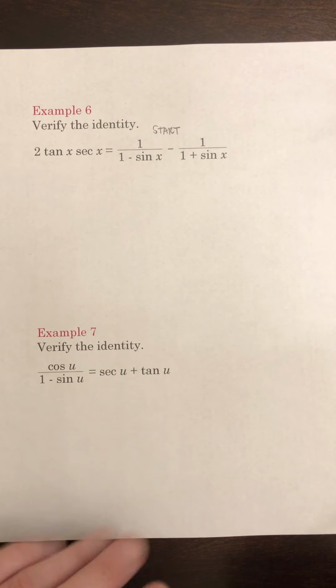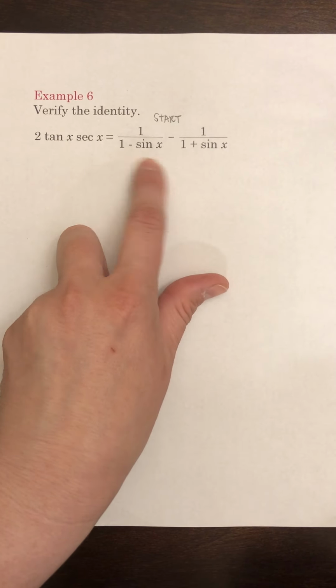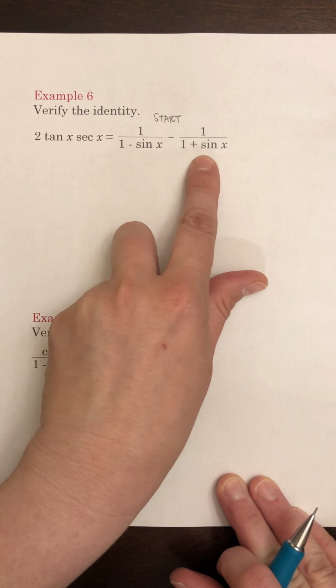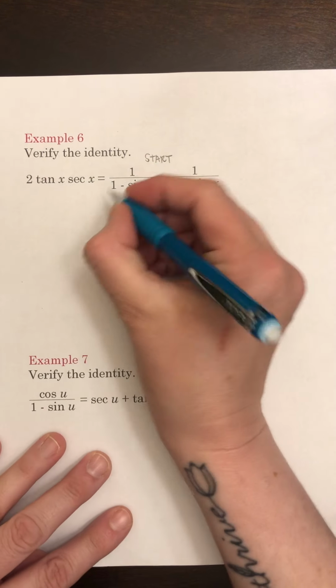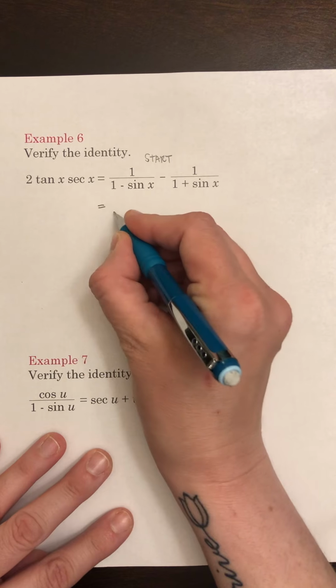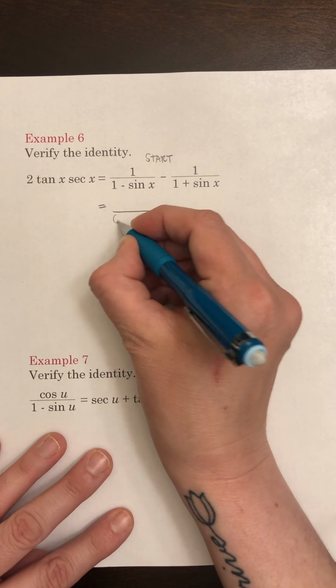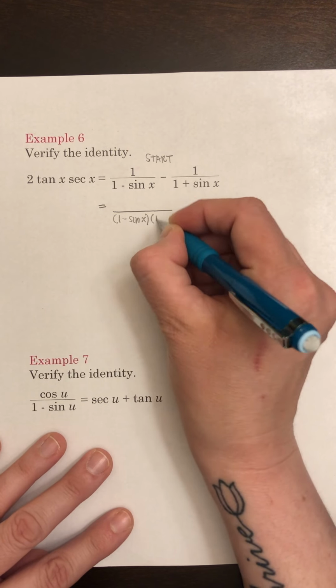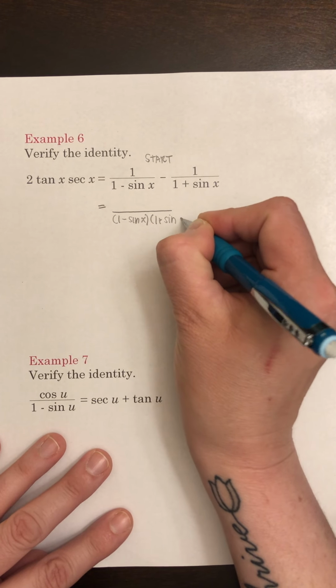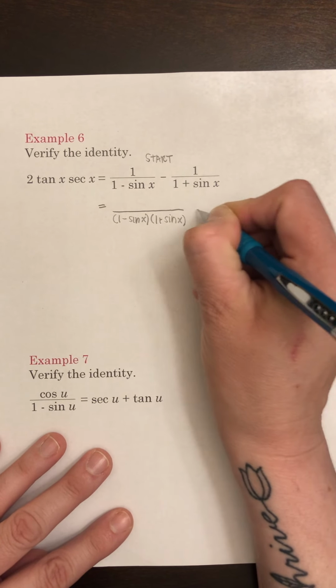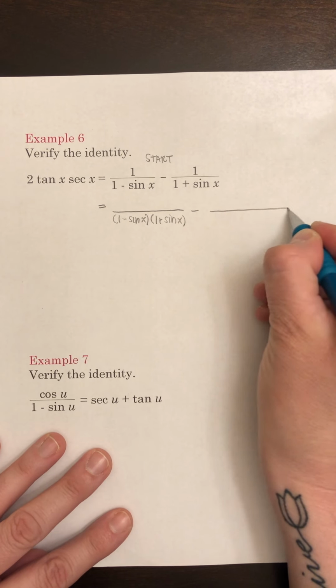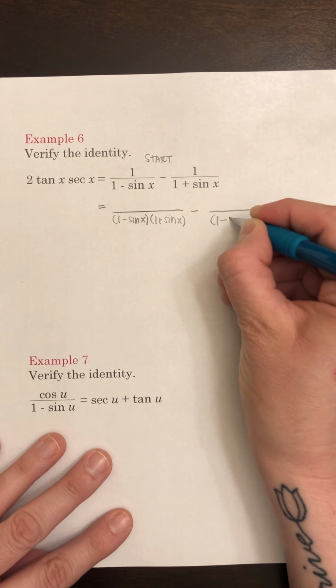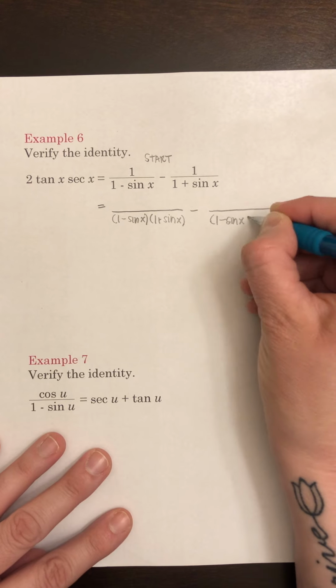So the common denominator, I'm going to need one of these, the 1 minus sine x. I'm also going to need one of these, the 1 plus sine x. So real quick, let me just write that common denominator because I need one of each of those. So that'll be the denominator for my first fraction. It's also going to be the denominator of my second fraction.